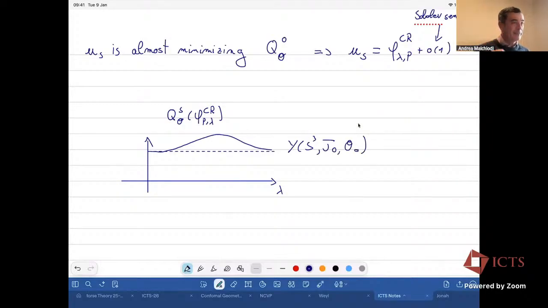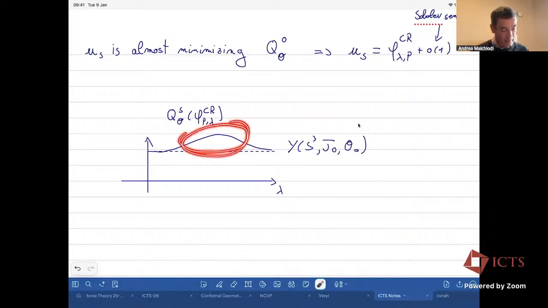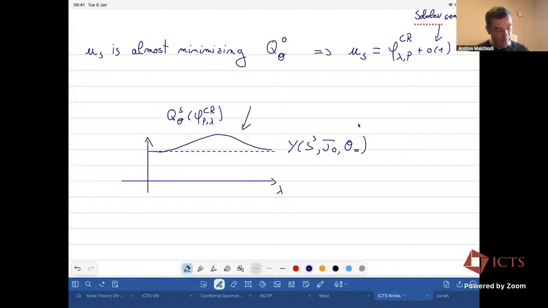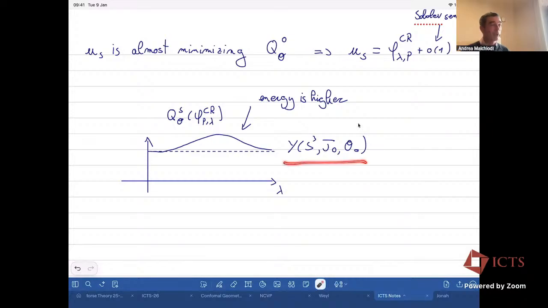But for S different from 0, this is actually higher. So the energy is higher. And therefore, you show that if you are close to being minimal, the energy is always higher than the minimum on the standard sphere, and therefore the minimum cannot be attained.